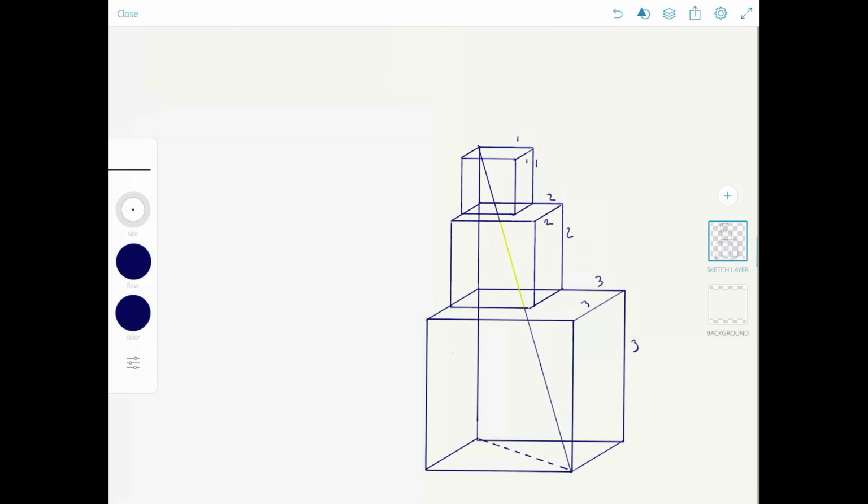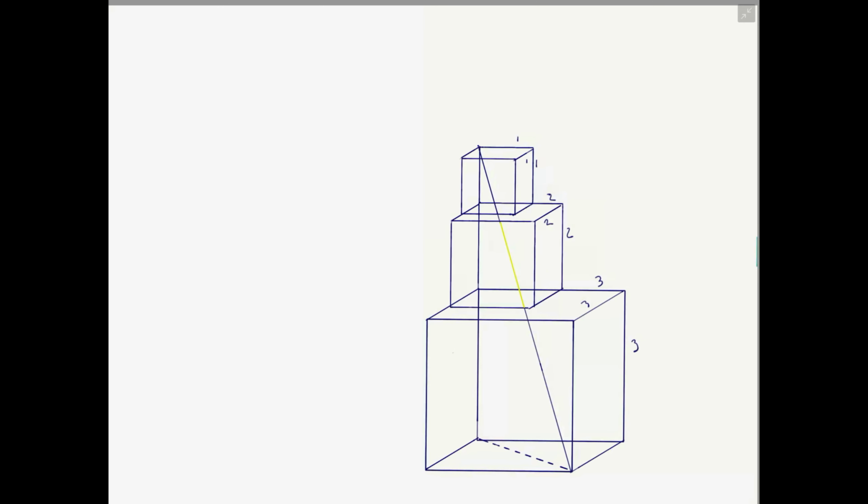Let's choose that. And that segment right there, we want to know what that segment is. Okay, I think that will pretty much give us what we want. I'm going to do a little cleanup. There.